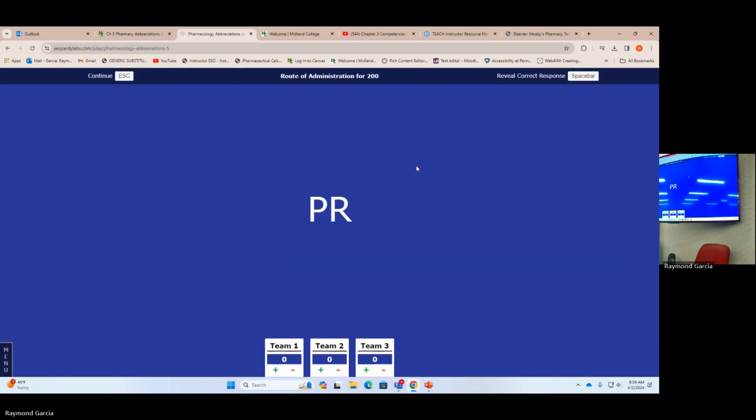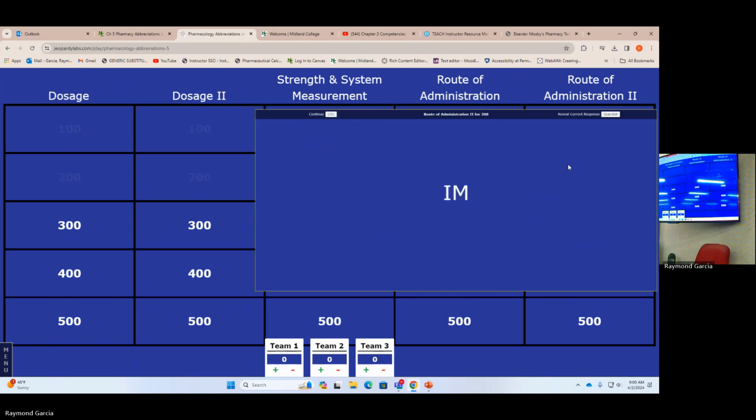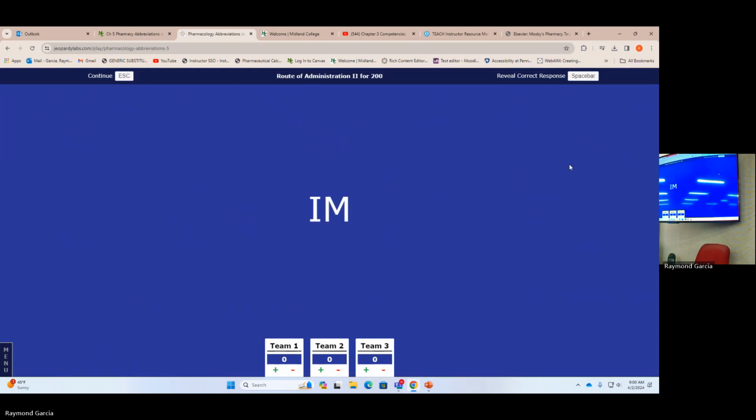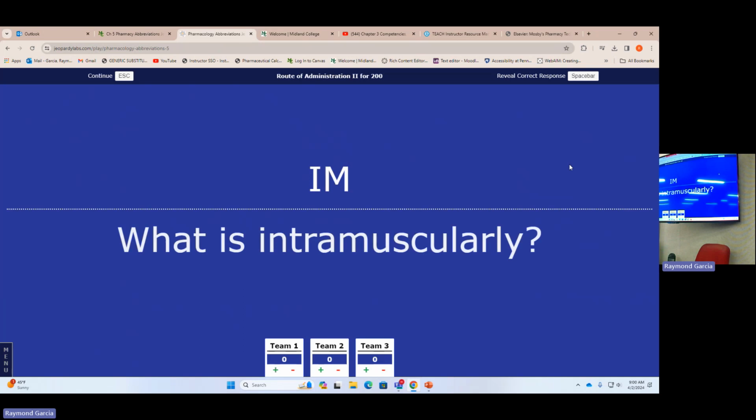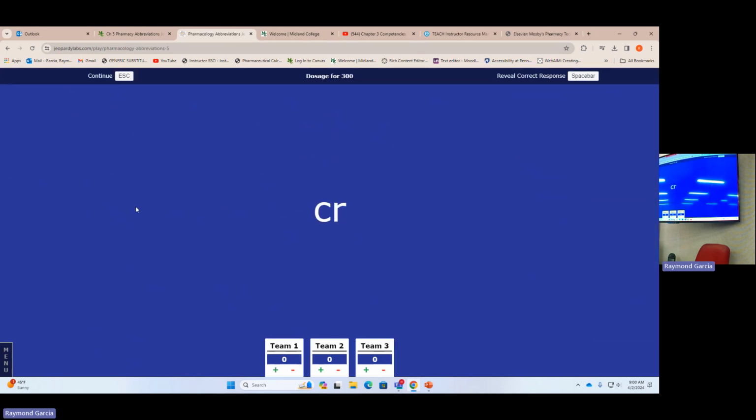PR. What abbreviation is that? Per rectal, or rectally. Per rectum or rectally. IM, intramuscularly or intramuscular. CR.